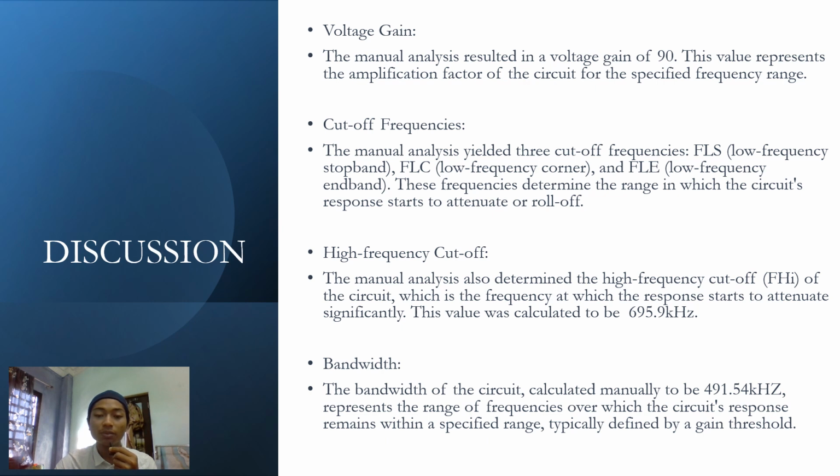And lastly is the bandwidth. The bandwidth represents the range of frequencies over which the circuit's response remains within a specified range, typically defined by a gain threshold, and the value we get in this assignment is 491.54 kilohertz.